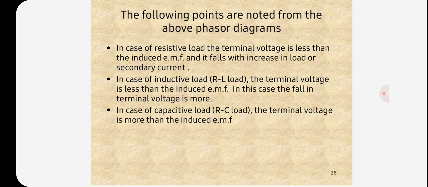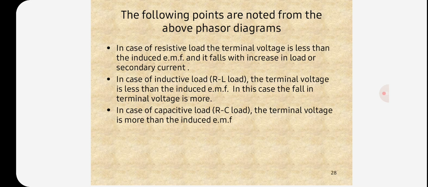So in this referred to primary, the secondary impedance can be referred to the primary side. Equivalent resistance of transformer referred to primary, R01, is equal to R1 plus R2 dash, that is equal to R1 plus R2 by K square.